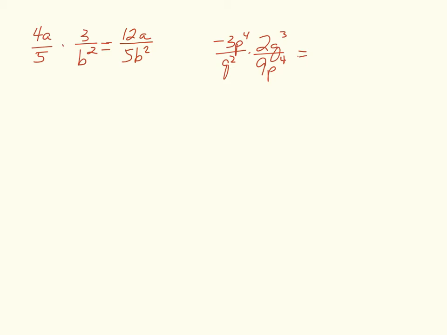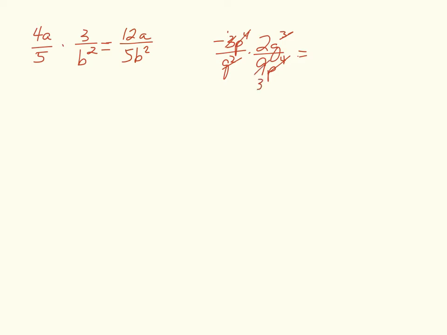Okay, now with the next one, we have some q's that can cancel. Two of these q's cancel with two of these up here. And it leaves you just what? A q up there at the top on the right. And let's see, the p to the fourth cancels with the p to the fourth. Those become ones. Then we have the 3 and the 9 reduce. 3 goes into 3 one time, and 3 goes into 9 three times.